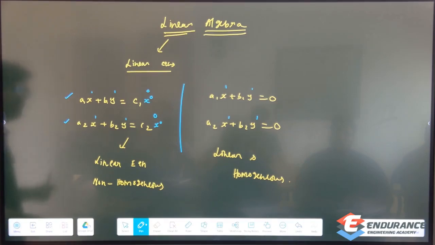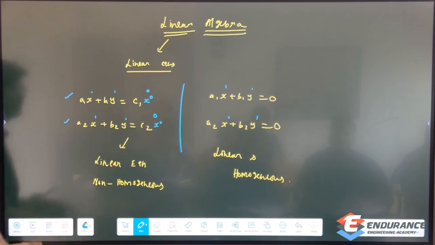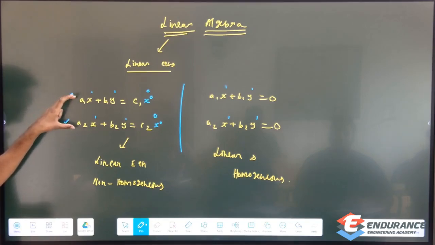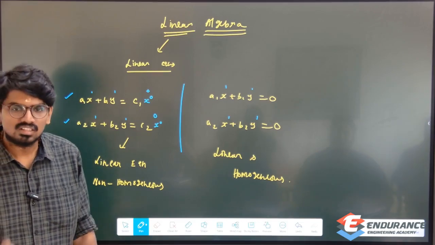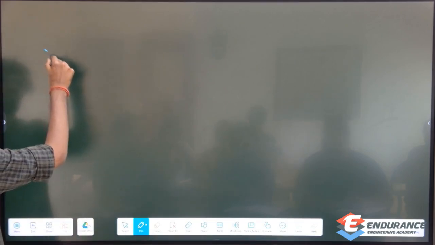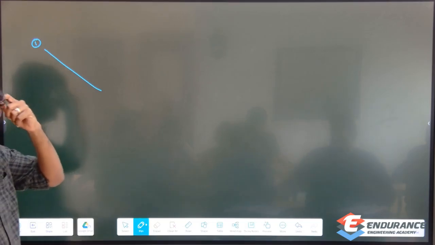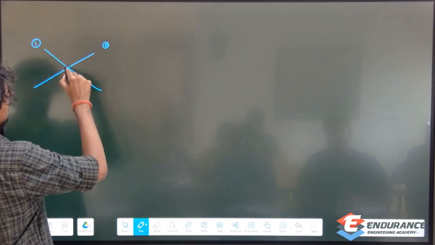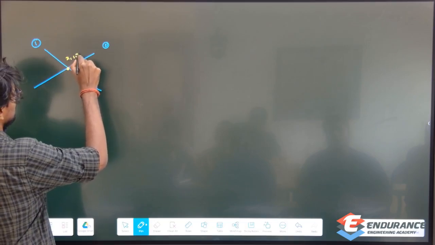And what does it mean if I have two straight lines and I want to find the solution corresponding to them? I take these two straight lines and want to find a solution. It is the intersection point. For example, this corresponds to the first straight line a1x plus b1y equal to c1, and this corresponds to the second straight line, and the solution is the point where they intersect, x1 comma y1.